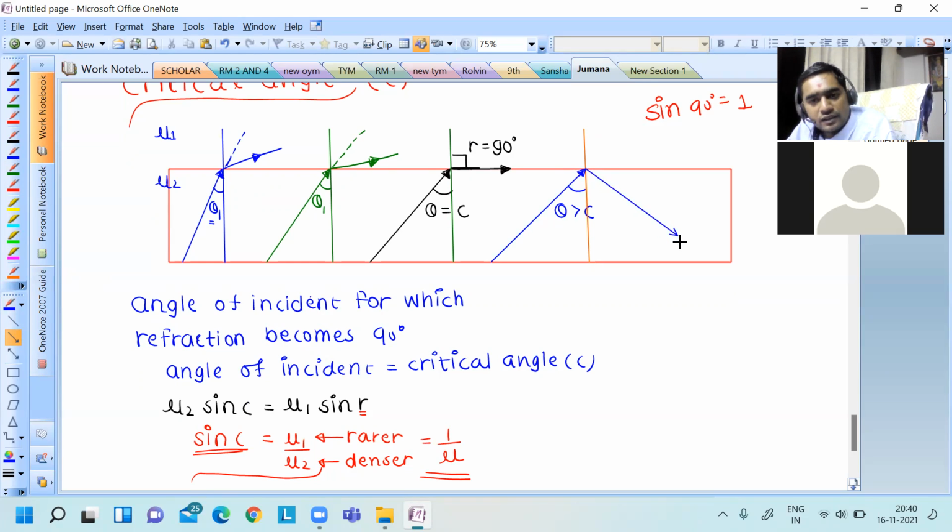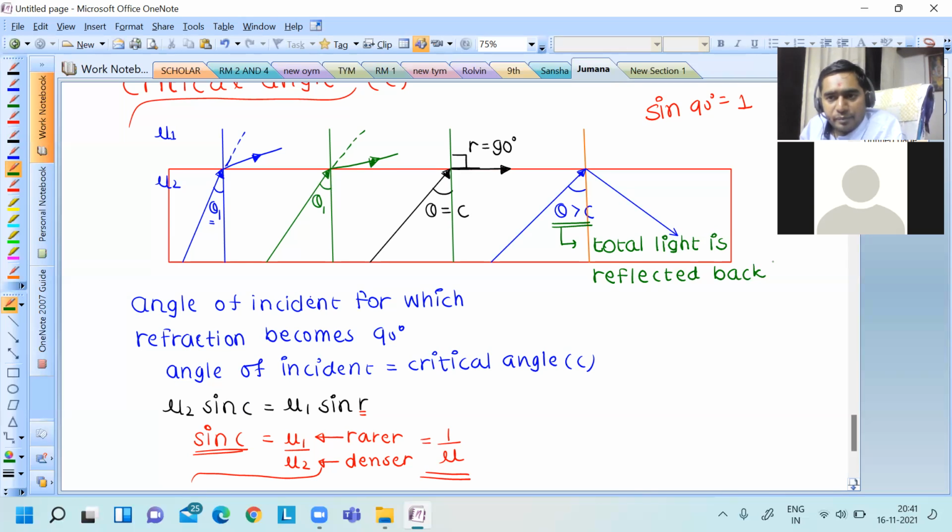Since all the light is reflected back, there is no refracted ray. If all your light reflects back, that is called total internal reflection.